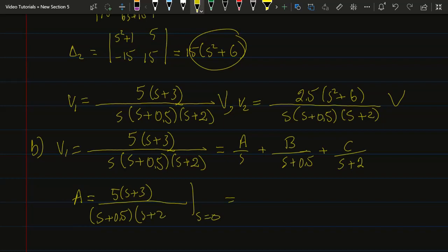And when doing the substitution, this is 15 over 2 times 0.5, which is equal to 1, which is just equal to 15. Similarly, you can calculate B and C. In this case, you will find that B is equal to minus 50 over 3 and C equal to 5 over 3.